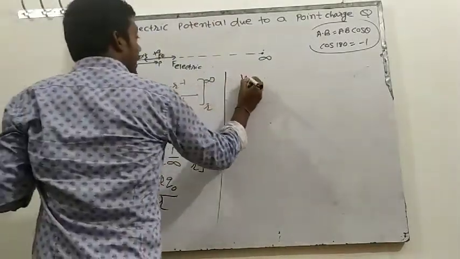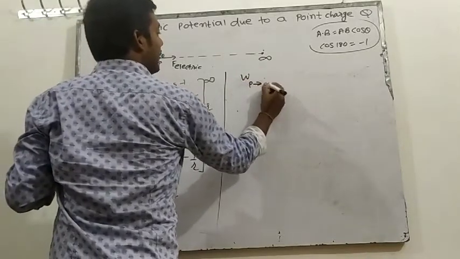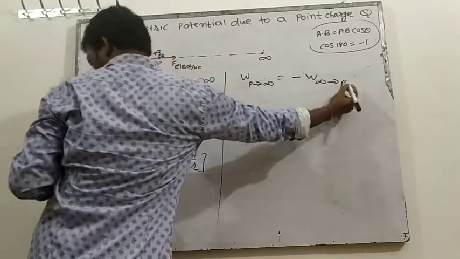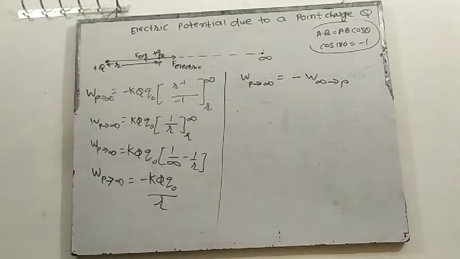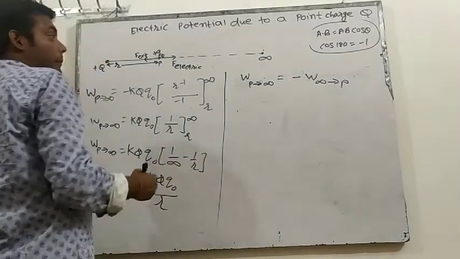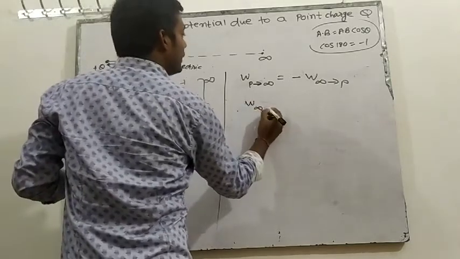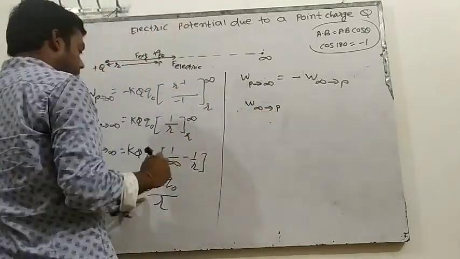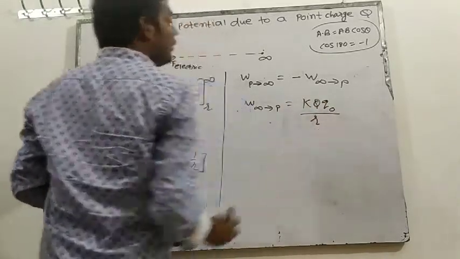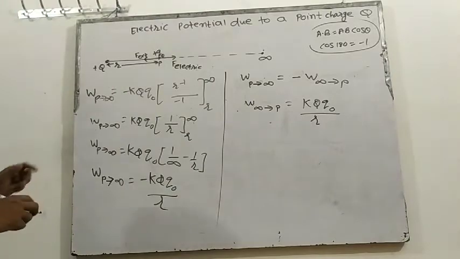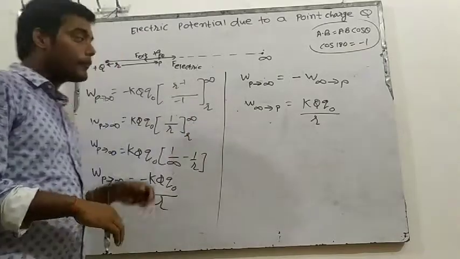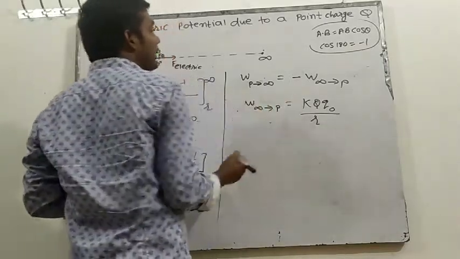We know that the work done from P to infinity is equal to minus the work done from infinity to P. So the work done from infinity to P will be minus of this, which means K Q Q naught by r. Okay, so this is the work done from infinity to P.